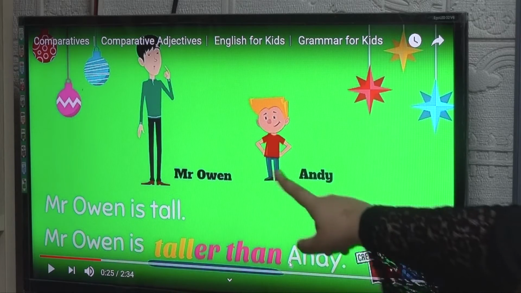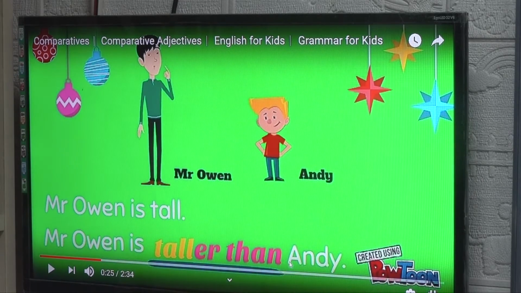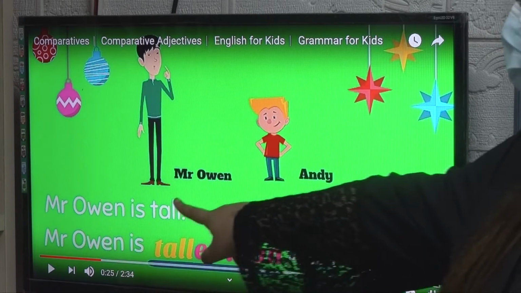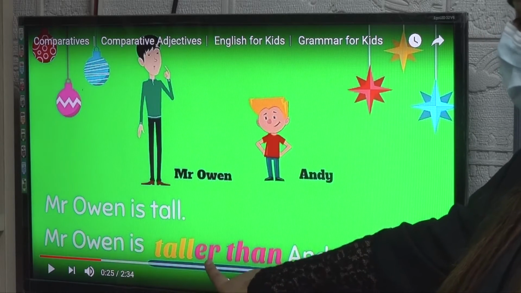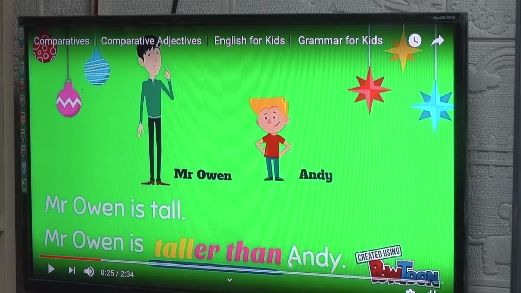The first one is Mr. Owen. The next one is Andy. So tall becomes taller than. So the most common thing about the comparative adjective degree is we add er to the adjective. Also we add than. Alright, remember that. Mr. Owen is taller than. Here, as you can see, er is added, and than is also added. Okay, so this is how we form it.